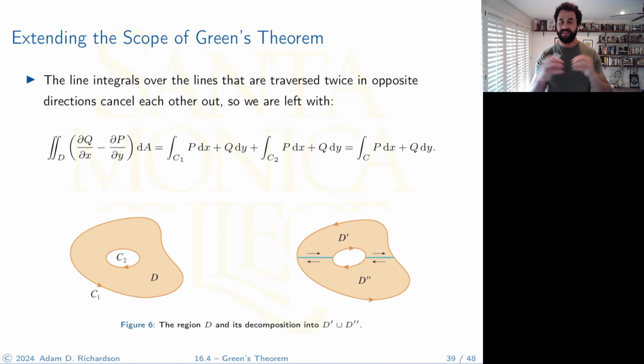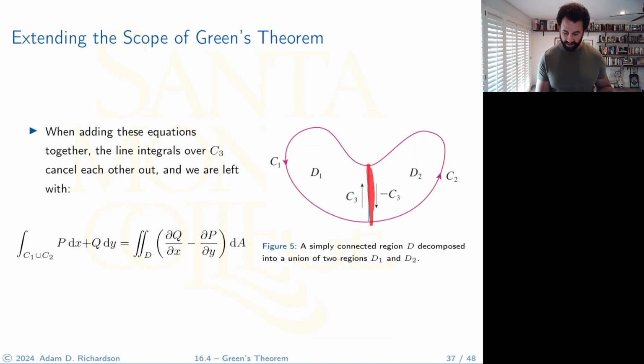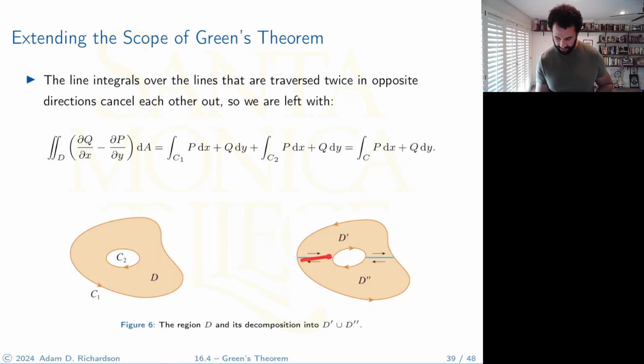And then when you add the two results from Green's theorem together, the same thing's going to happen that we just saw in the previous example, where the line integrals over these are going to cancel out. That'll cancel out, and so what you'll get is the line integral over the whole thing, or the double integral over the whole region, you could say.